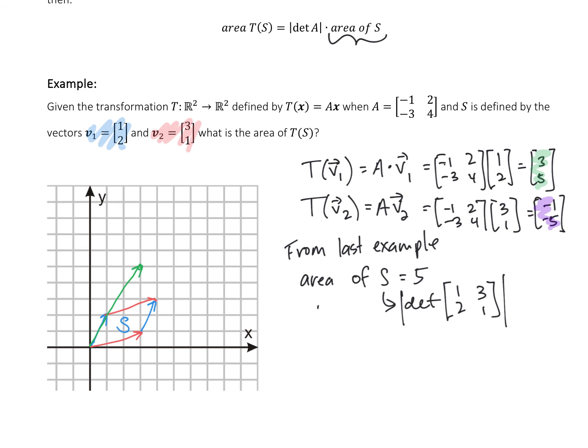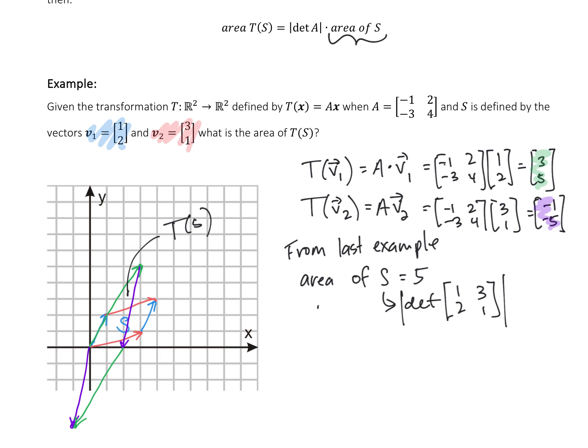I think we're going off the page. So it's going to be there and there. So this is T of S, our transformed parallelogram using our matrix.